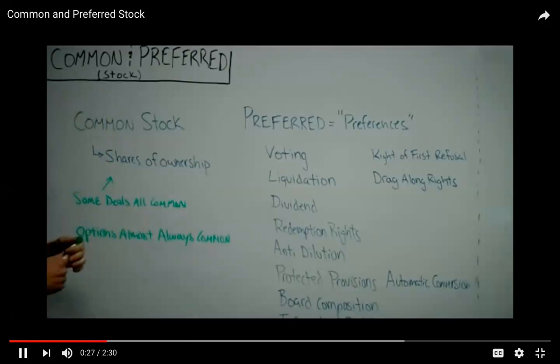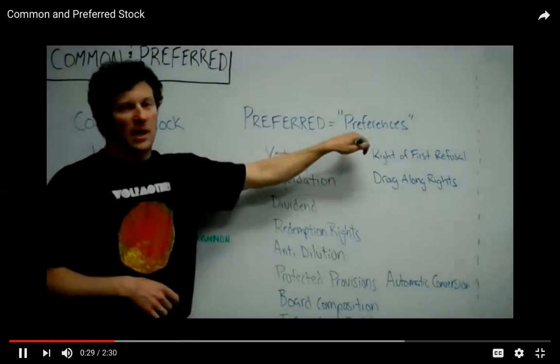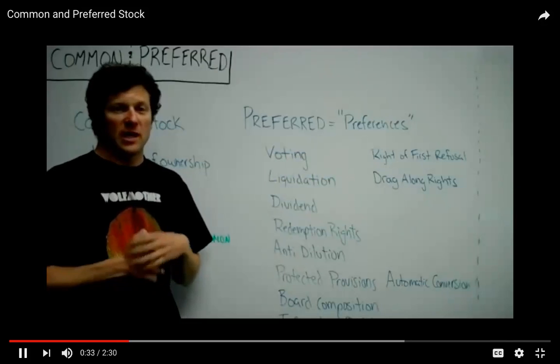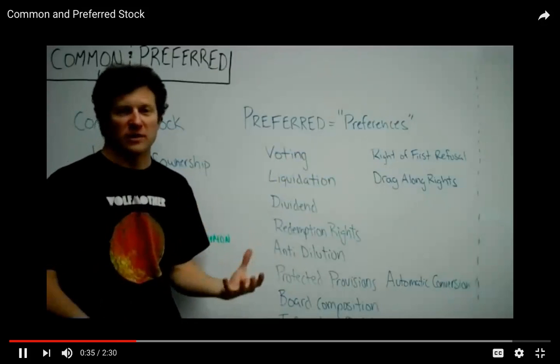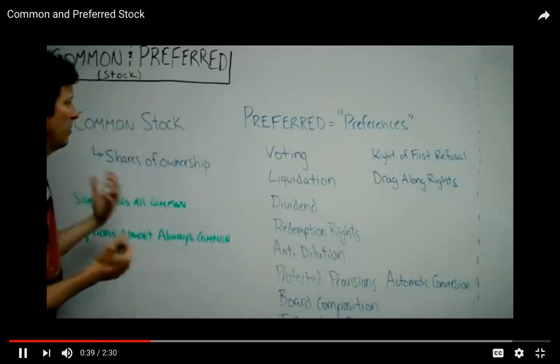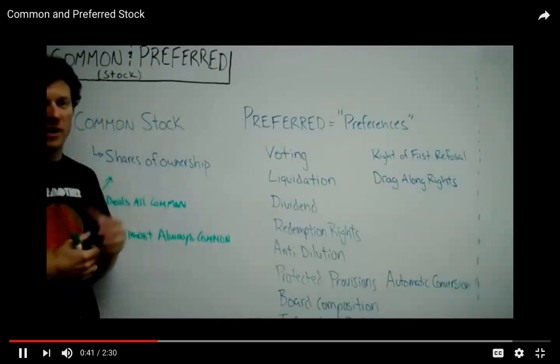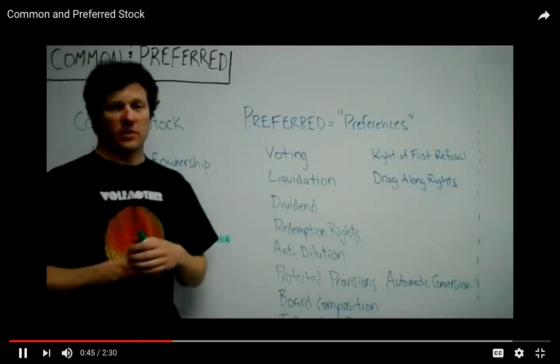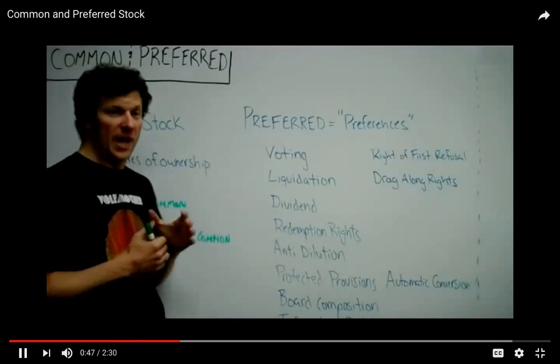The reason preferred stock is referred to as preferred stock is because it generally has a bunch of preferences that common stock does not. So we'll talk a little bit about the differences between preferred and common, and then we'll do separate videos on each of these concepts so you can understand them in a little greater depth.